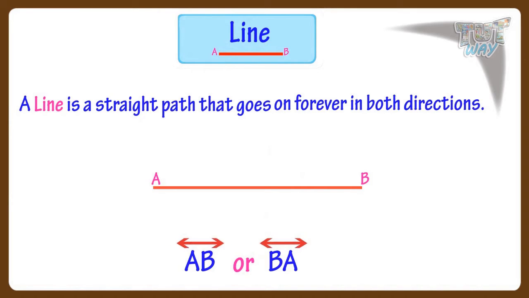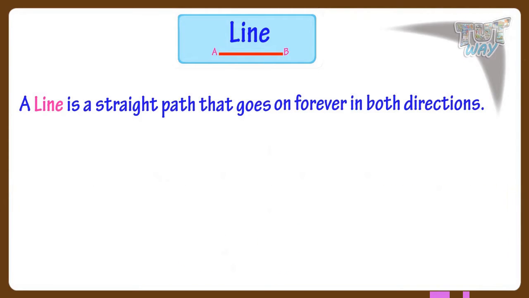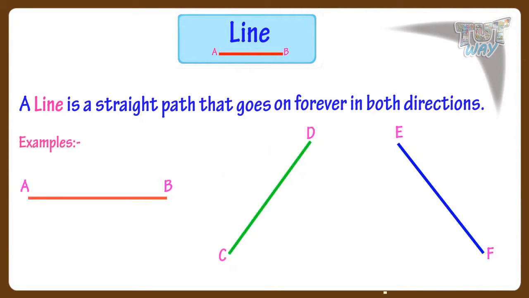This symbol is made on top of the name of a line. It denotes that the line goes on forever in both directions, and there is no endpoint on it. Here are more examples of lines, and this is the way we write them.